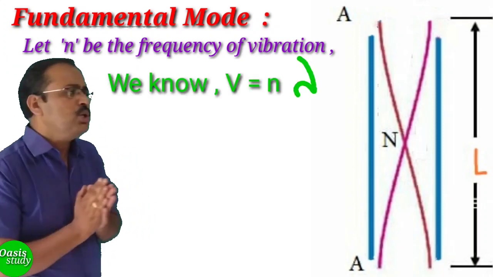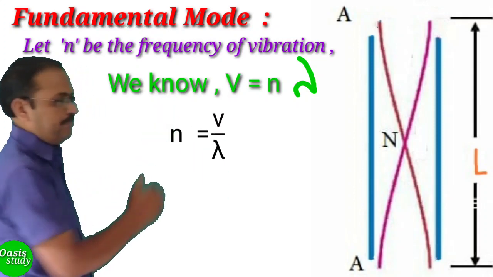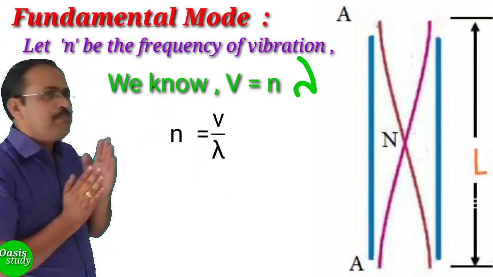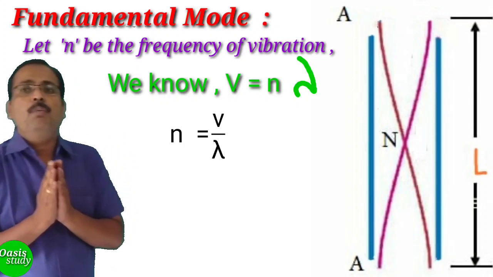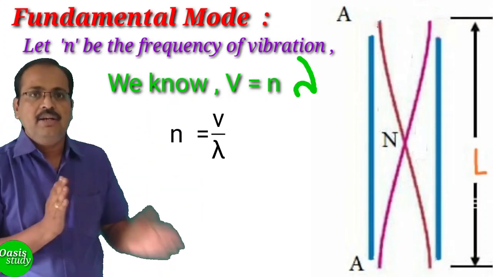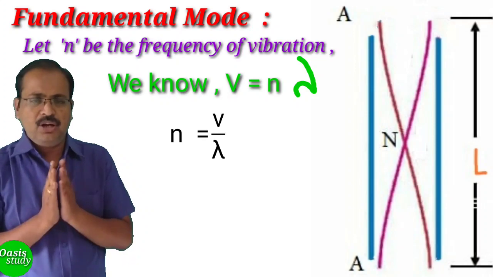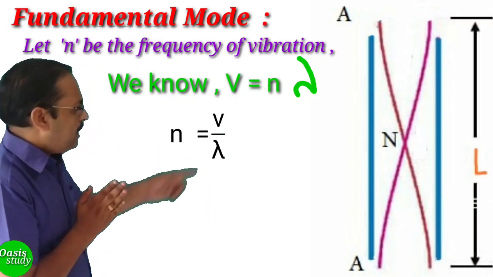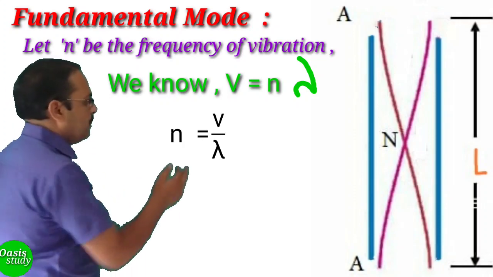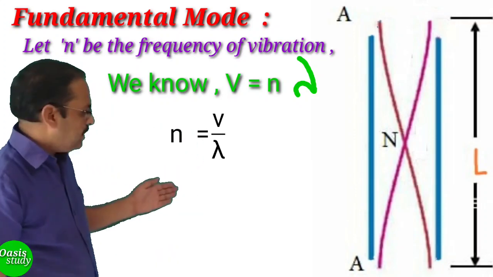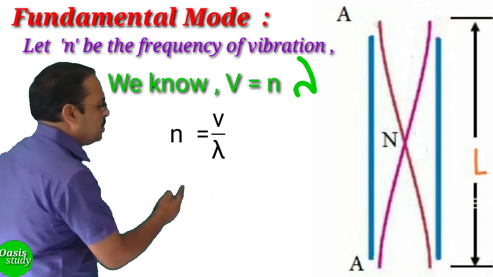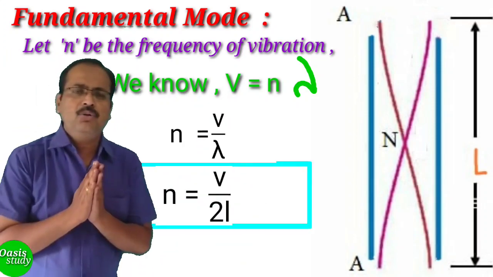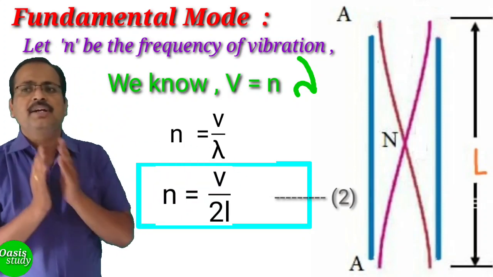Therefore, n is equal to V upon lambda, where lambda is the wavelength of vibration in this mode. Putting the value of lambda equal to twice L in this equation, n is equal to V upon twice L. This is equation number 2.